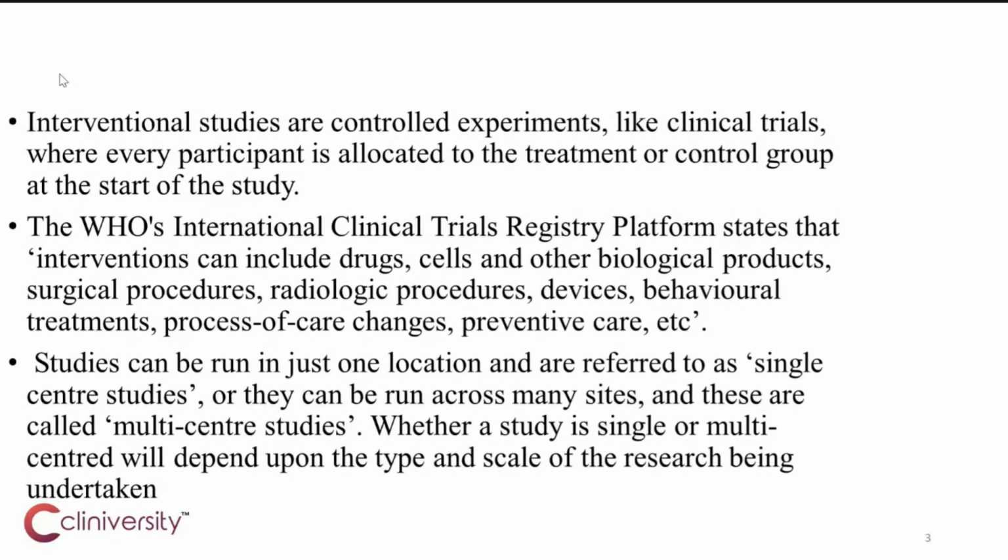Because of the type and the scale of the research that we are undertaking, we can't do it at one single place. We distribute them to small clinical trial centers, but everyone is working on the same thing. So that particular group of institutions or clinical research centers working under the same thing is called a multi-center study.